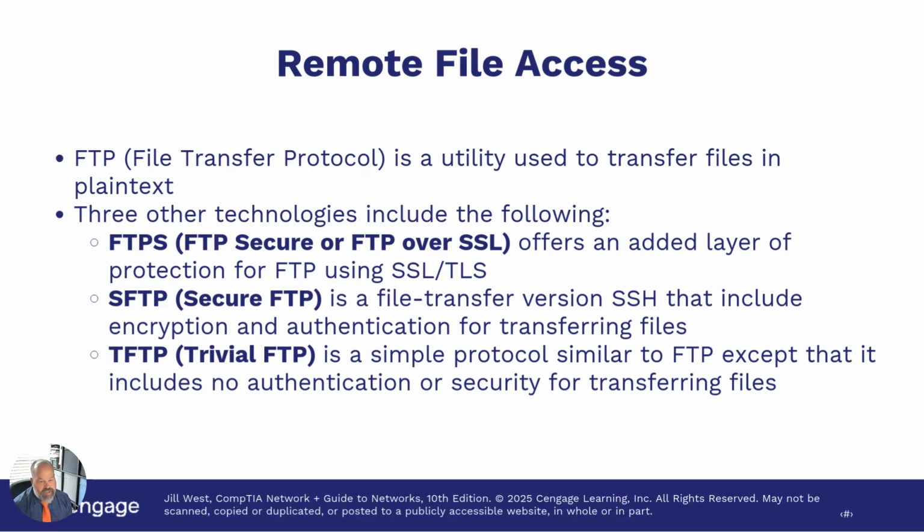And then we have SFTP, which uses SSH for extra protection. And then there's TFTP, which stands for trivial FTP, which doesn't bother with security at all. That's like leaving an Amazon package on your porch and hoping that nobody takes it. And you really need to use caution if using trivial FTP.